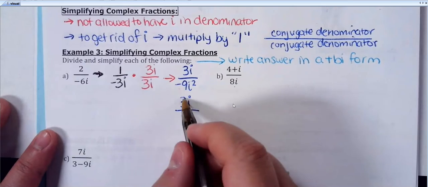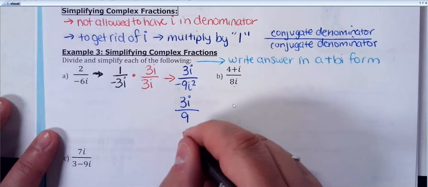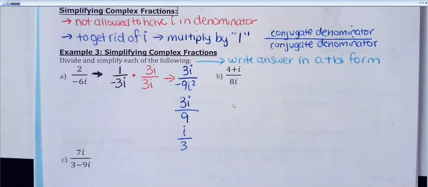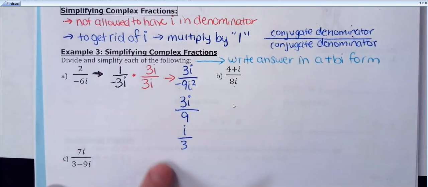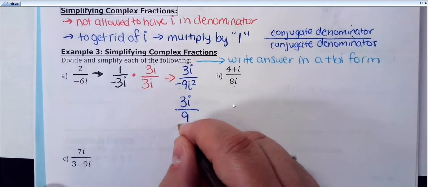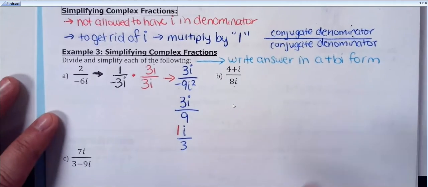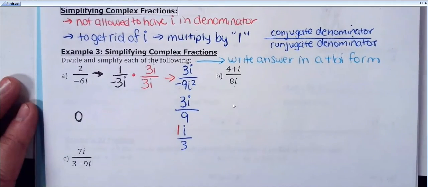Okay, now, you can further reduce that. So 3i over 9 is i over 3. I know this is going to be a little weird. Now, I'm just going to do this so you guys can see it. If I want to write it in a plus bi form, 3/9 is the same thing as 1/3. So if I was writing this in a plus bi form, I don't have a real part, so I would start it out with 0.